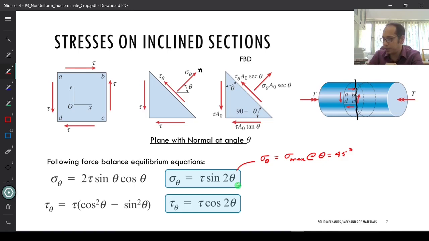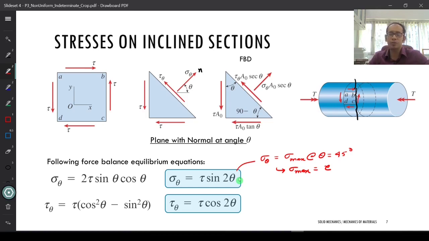So what happens at 45 degrees? If I put 45 degrees over here, sigma max becomes equal to tau. Again, please be clear that sigma max equals tau doesn't mean that your normal stress is becoming shear stress. It is just that the magnitude of the normal stress becomes equal to the magnitude of the shear stress that the section experiences when the torque T is applied over here.